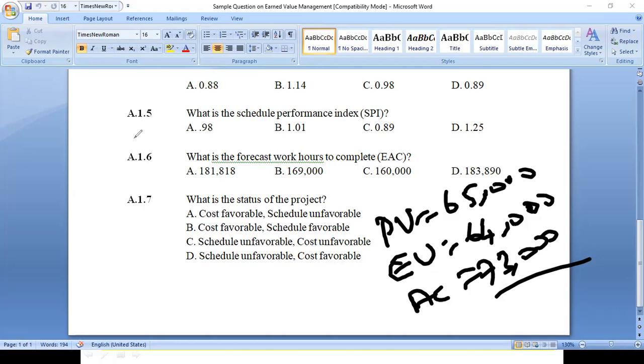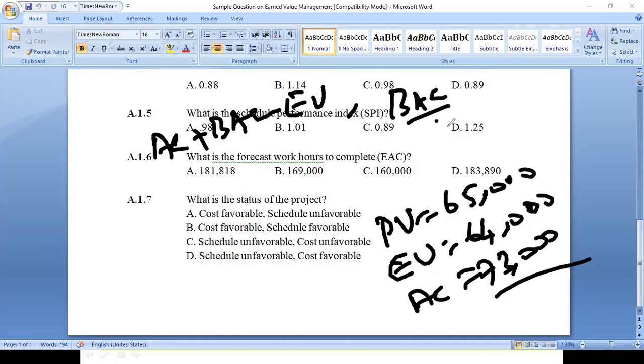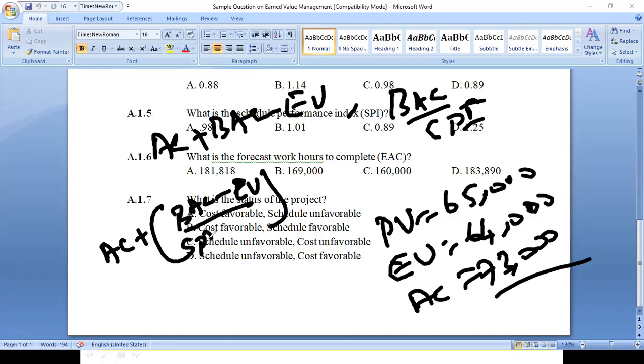Everyone has taken the formula, right? The first formula: actual cost plus BAC minus EV. The second one is BAC divided by CPI. They are not asking you to re-estimate, so leave that one. The fourth one is actual cost plus BAC minus EV, divided by SPI multiplied by CPI.